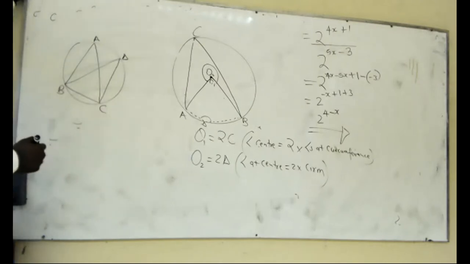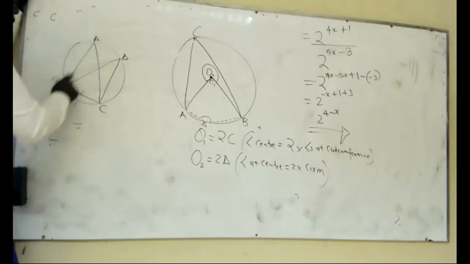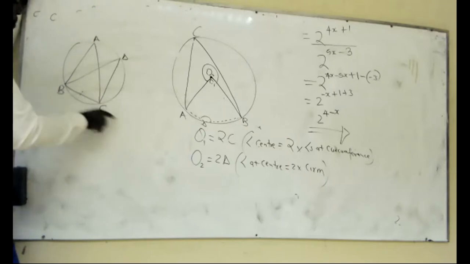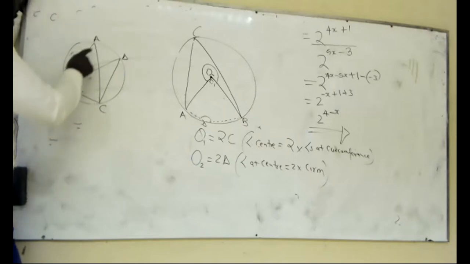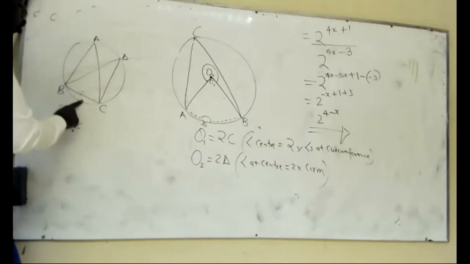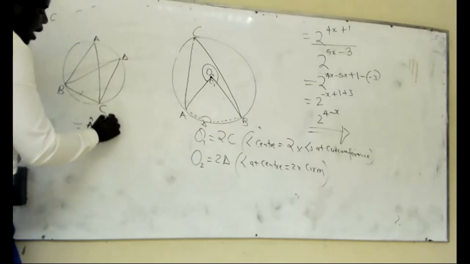You can see these triangles are sharing BC. These two triangles, triangle ABC and triangle BCD, share the same chord, which is BC. If they are sharing the same chord, it means the angles opposite to that chord are equal. Therefore, A and D are equal.